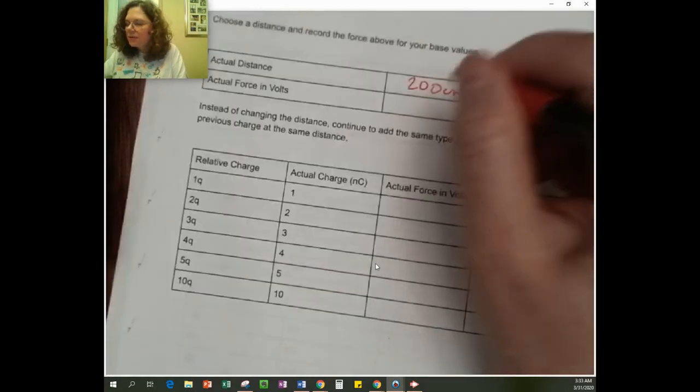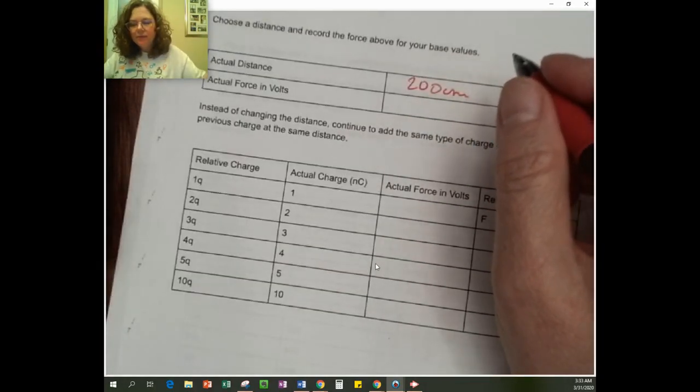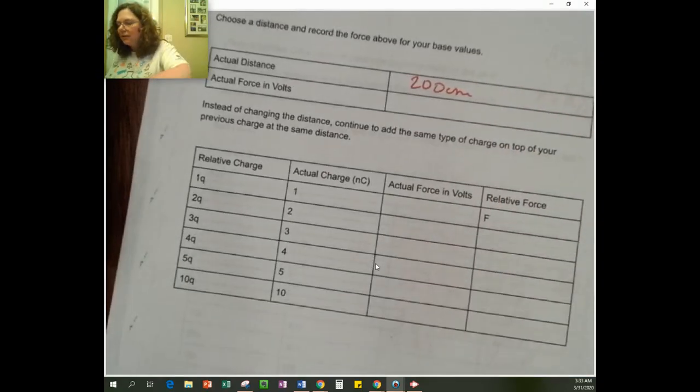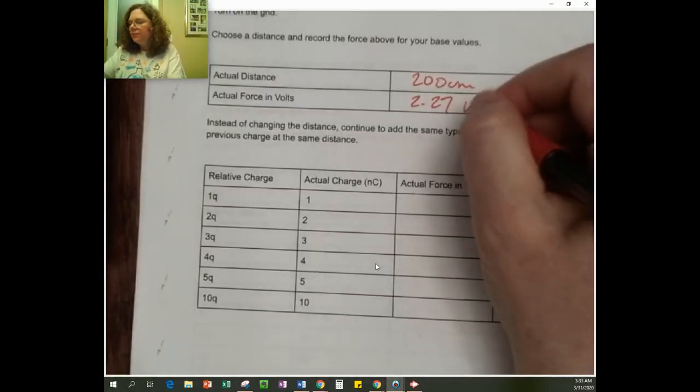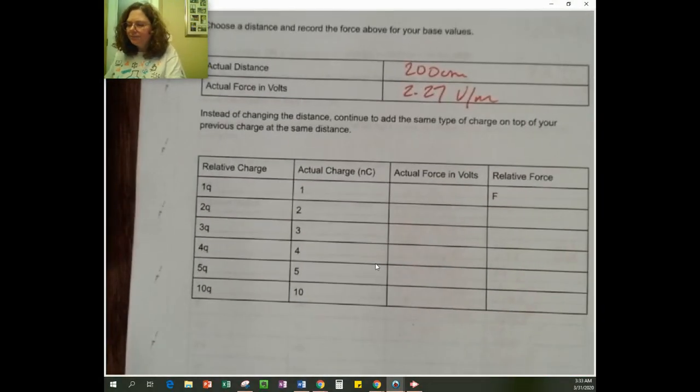200 centimeters, well, what was 200 centimeters? 200 centimeters was 2.27 volts per meter. Here we go.